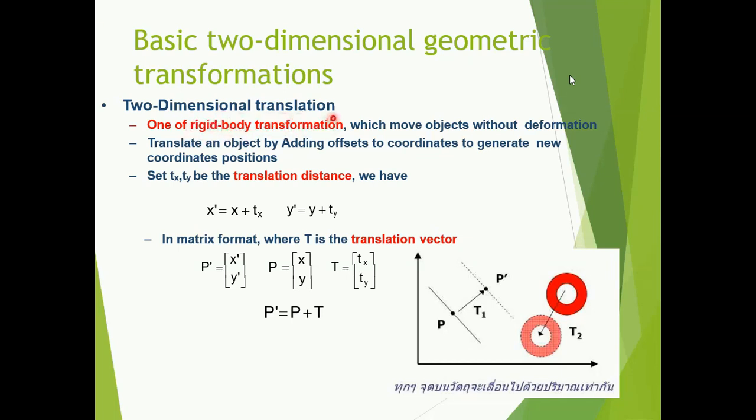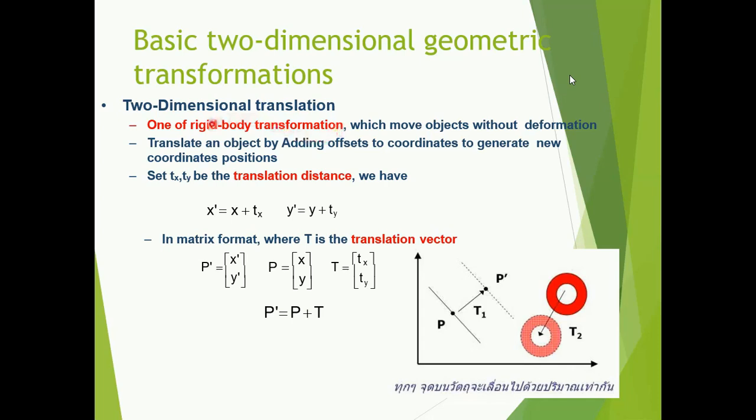A rigid body transformation is nothing but moving the object without any deformation. You are not going to change any shape of the object, and you are not going to resize anything. You are just moving the object from one place to another without any deformation. That is why we call the translation function a rigid body transformation.